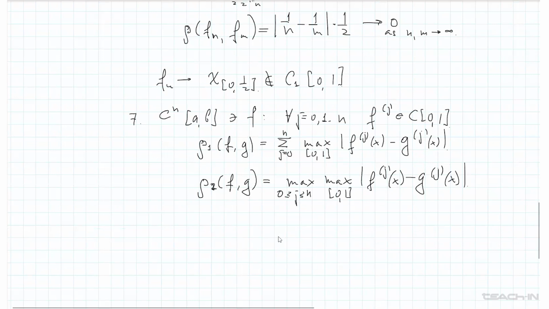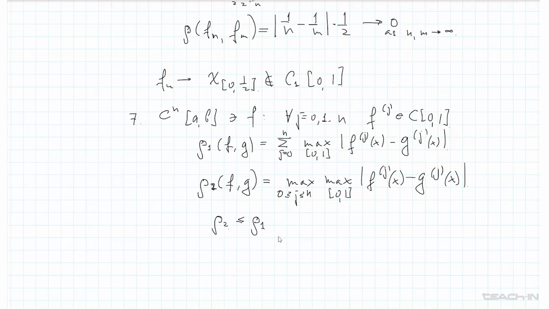What is the difference between these two metrics? Are they going to be equivalent? Yes, they are equivalent because we can write this inequality, which is evident, because ρ1 has all the sums, so the maximum term belongs to this sum.